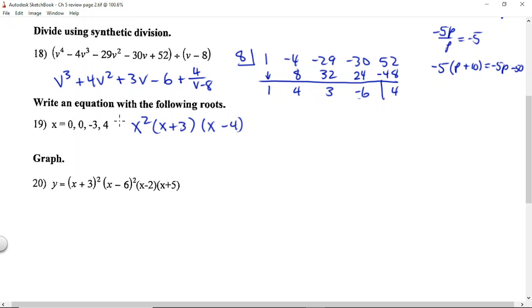I'm just going to say f of x equals. Usually that's the way it will be. You'll have a problem, something like that.